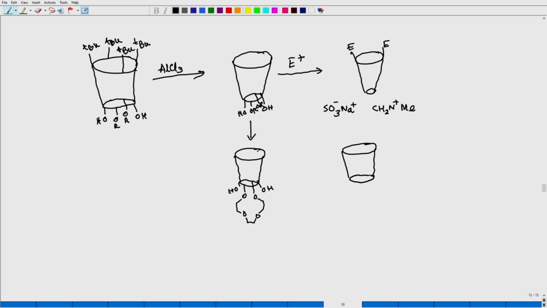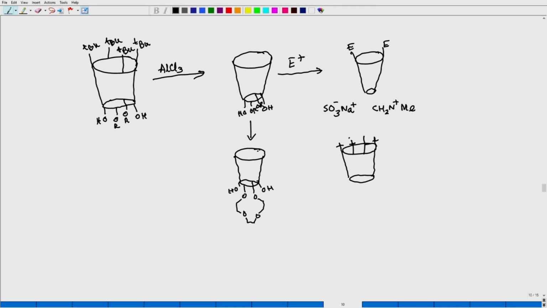Basically, it means many things may be added to this. Many things can be added. We made this compound.